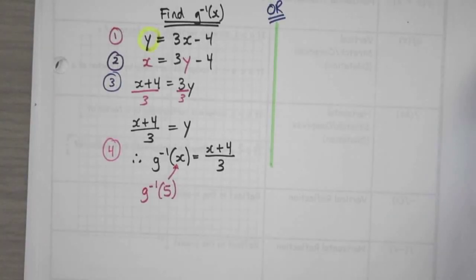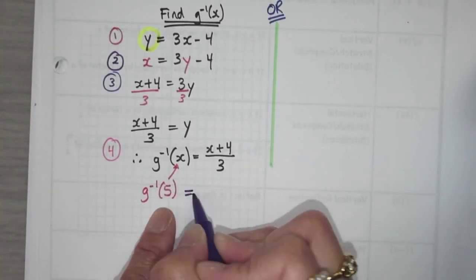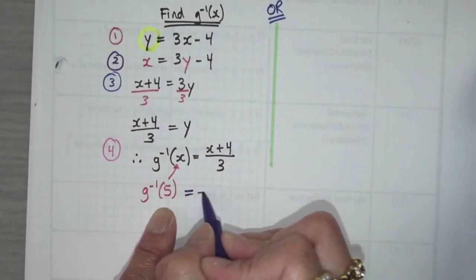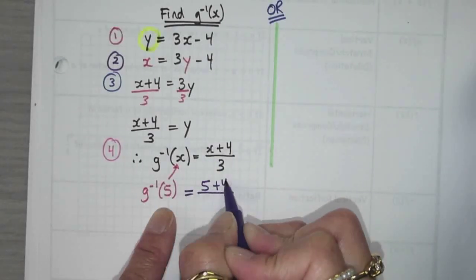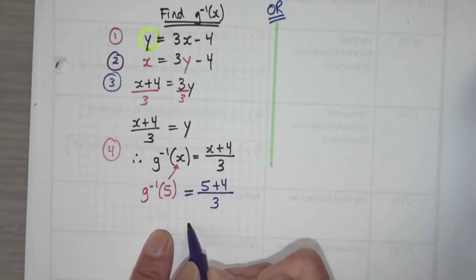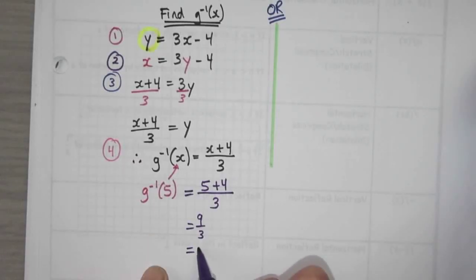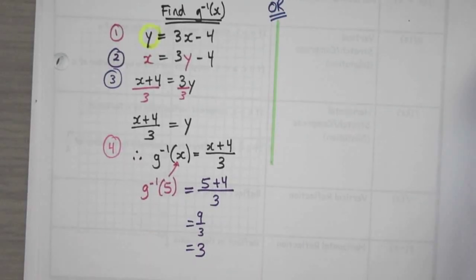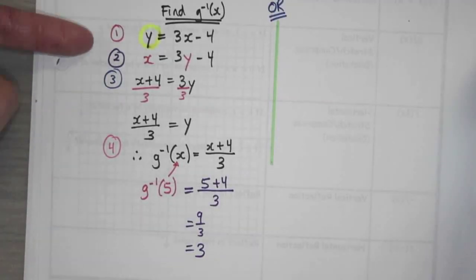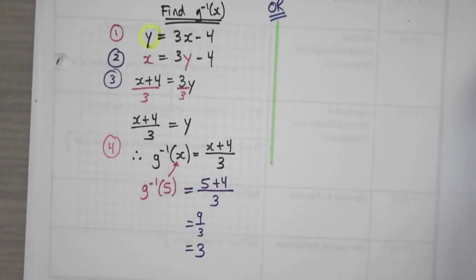Wherever you see the x, you're subbing in the 5. So we go 5 plus 4 over 3, 9 over 3. So it's 3. So it's a bit of work, right? Because they're making you do a double question for that. It's not bad, just a little work.